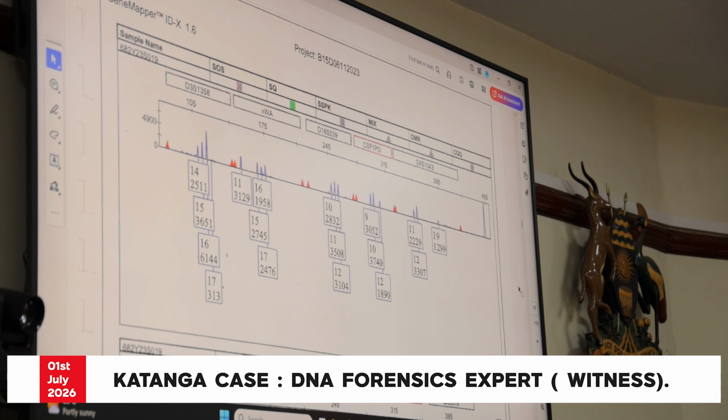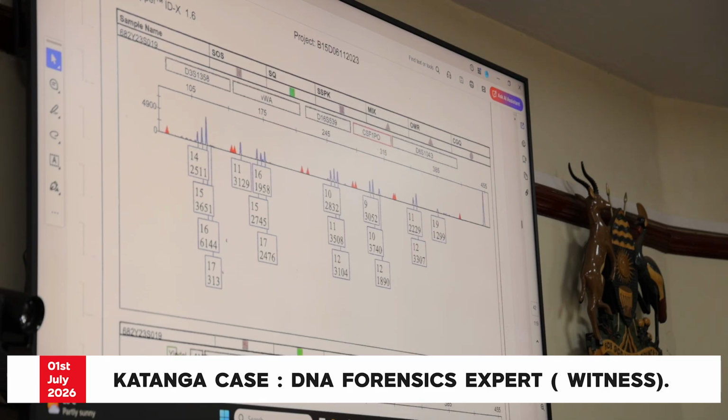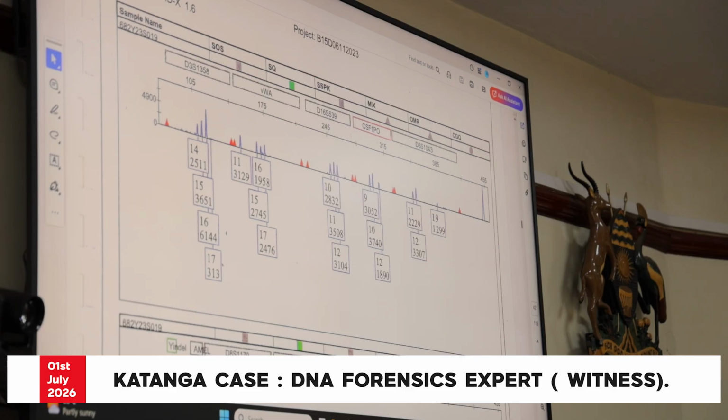Okay. Now, I'm first going to ask you about a very specific result, and then I'm going to ask you very general questions. Do you see the first location there? Yes, the same as all the other samples, D3. Do you see the first result? Yes.